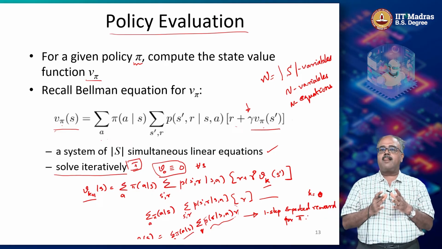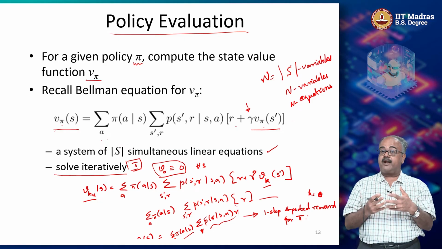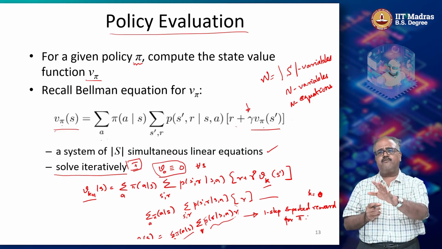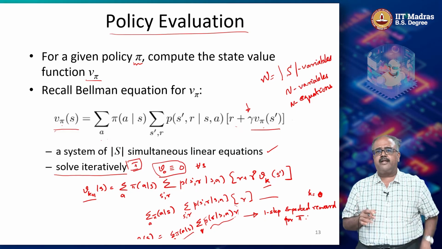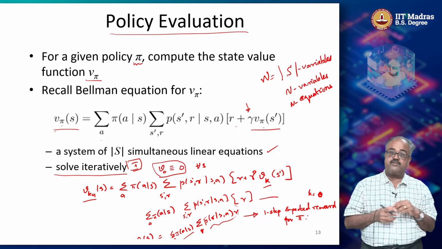Does that make sense? So V1 of S is essentially the expected reward I'm going to get for taking one step according to policy pi. Extending this, you can think of V0 of S as the reward that you will get for taking no steps, basically no reward. So that's why it started off with 0.